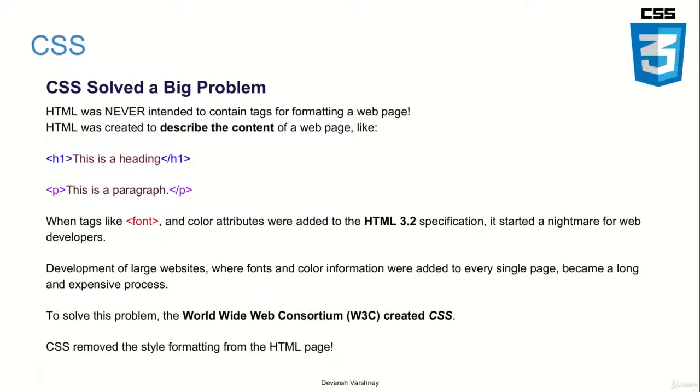It came into existence because, years later, HTML 3.2 introduced the font tag, which introduced styled text and was a nightmare for web developers. To overcome that problem, the W3C and the people working with it created CSS.